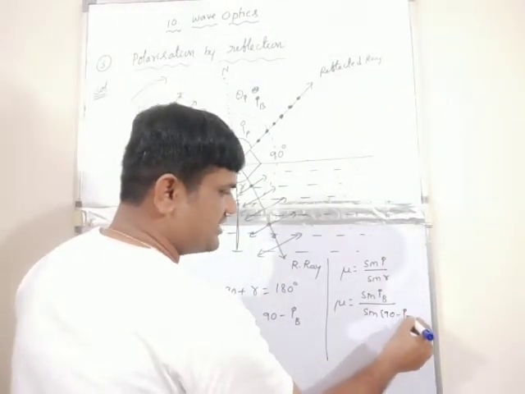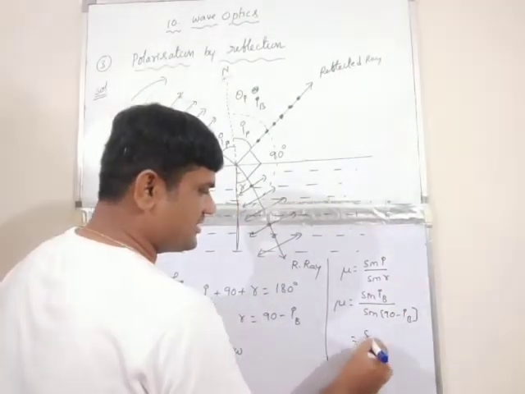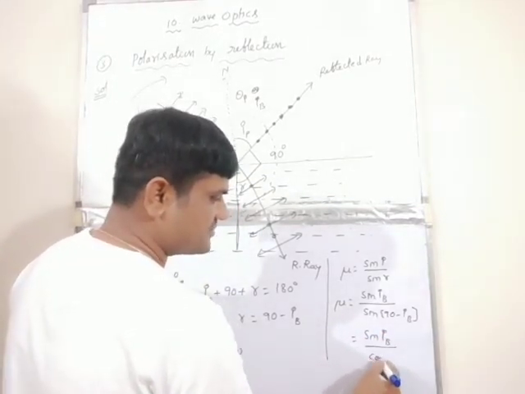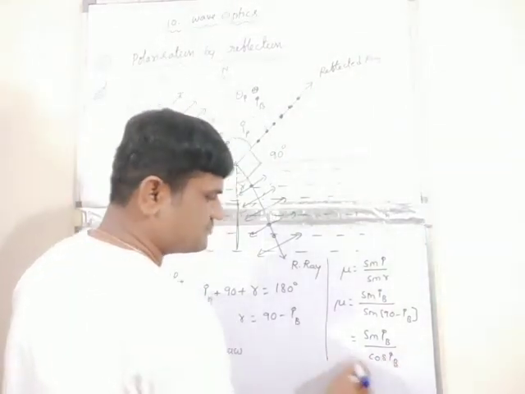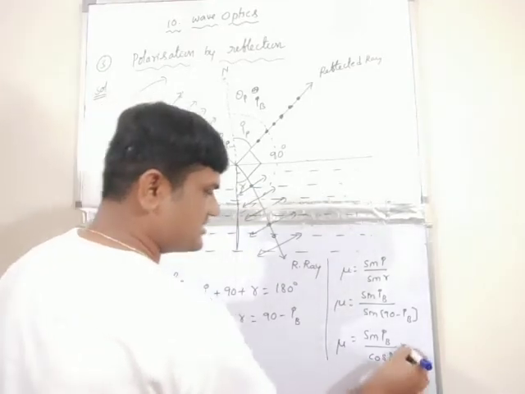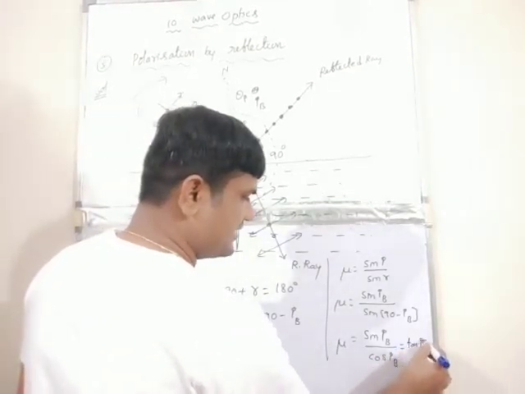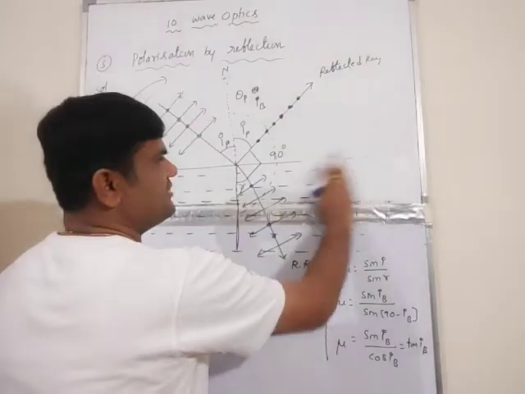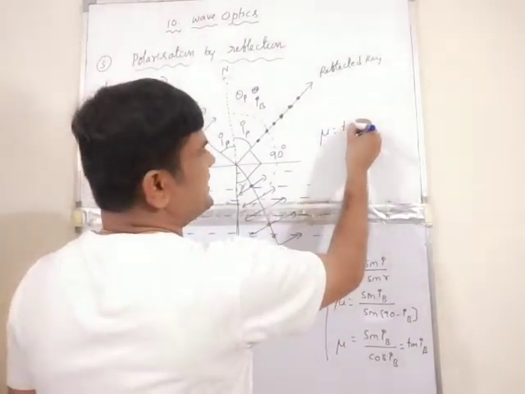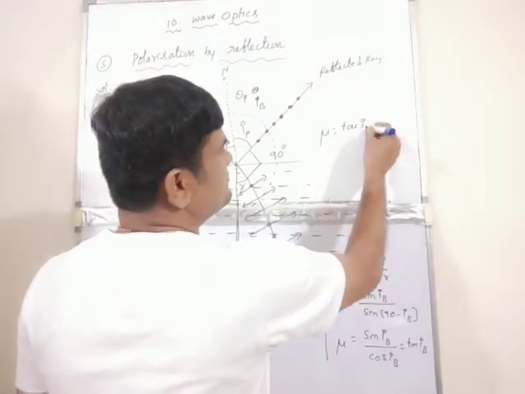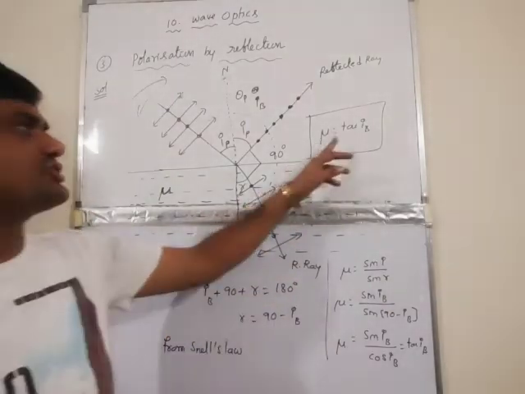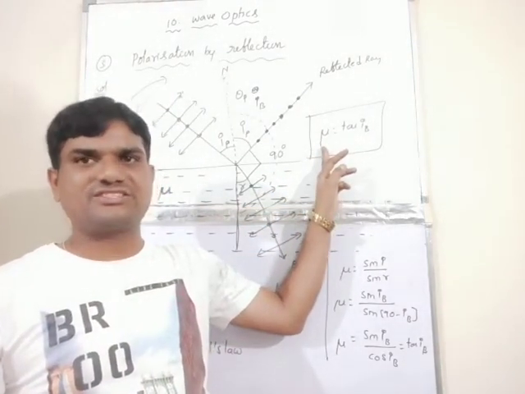Sine of 90 minus theta is cos theta, so it is cos IB. Sine by cos is nothing but tan, so mu is equal to tan IB. Remember, this is a very, very important formula. This is the relation between the Brewster angle and the refractive index.